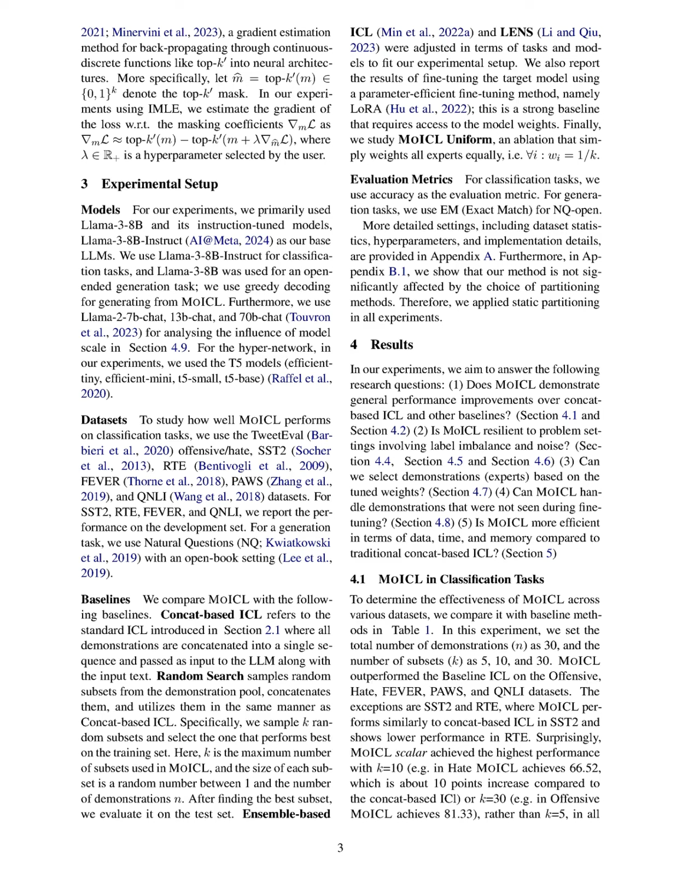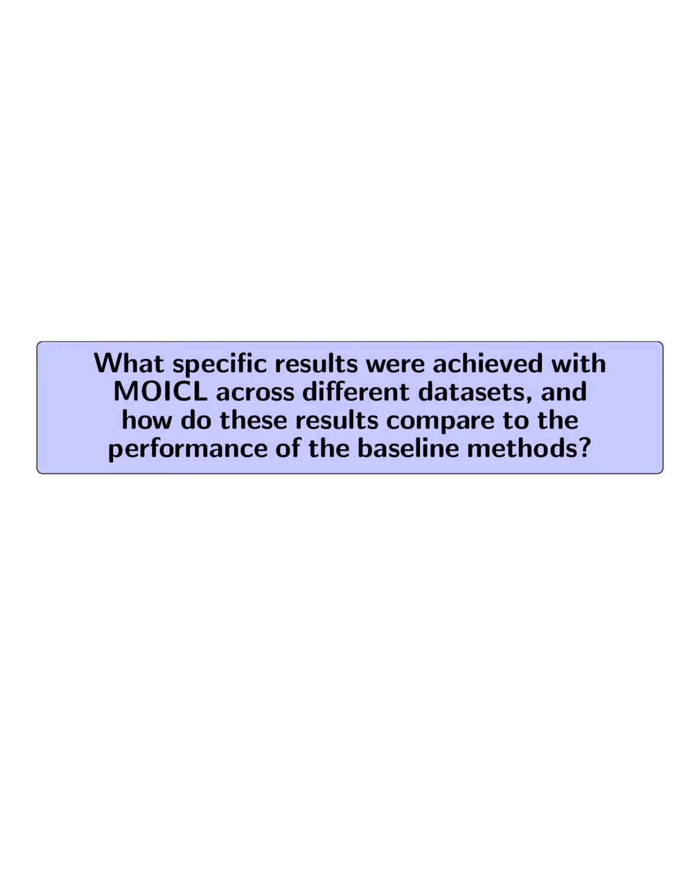The experiments highlighted that MoICL's performance was not significantly affected by the choice of partitioning methods, reinforcing its robustness in various settings. What specific results were achieved with MoICL across different datasets, and how do these results compare to the performance of the baseline methods?